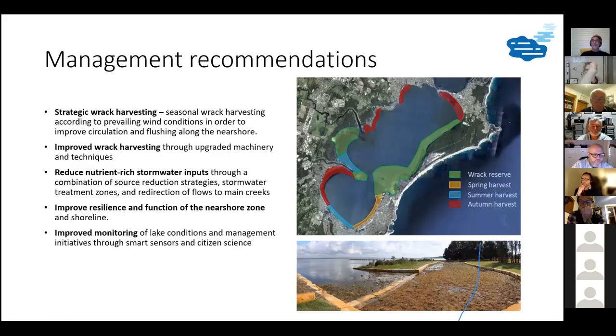There's some really great data sets that are being collected by various citizen groups around the lake, which really help us understand where the main hotspots are in terms of pollutant generation and degradation within the lake. But also that, again, citizen science can help through emerging technologies such as drone imagery and actually just reporting on localized conditions.